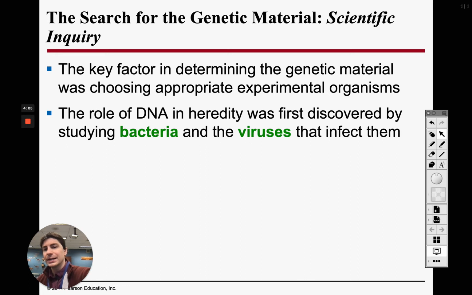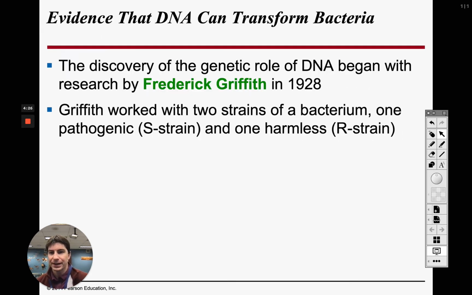So for DNA, we're going to start to go over how we determined this was our molecule of heredity. How we first discovered our DNA was we were studying bacteria and some viruses. When we think about viruses, the goal of a virus is to infect the bacteria, or we could call it a host cell, and get that cell to reproduce.